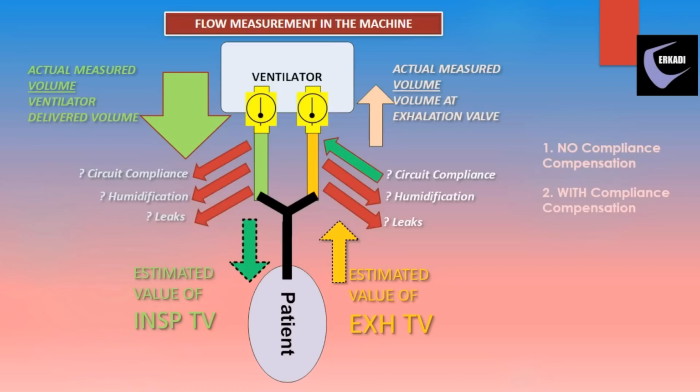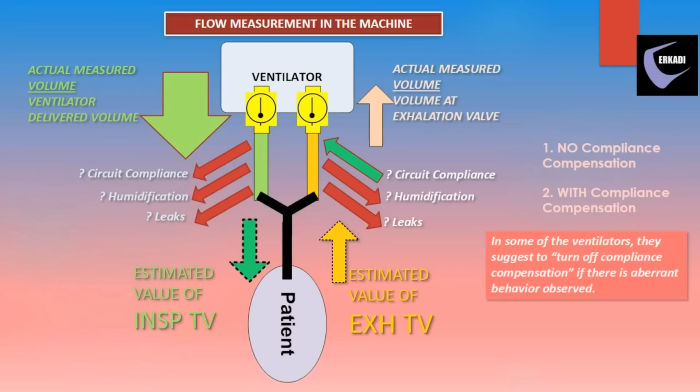Some of these ventilators also recommend that if the readings appear to be aberrant or very unusual, to turn off the compliance compensation correction. It is not always easy to second guess the values shown, and there is no definitive guide to all the situations where the values shown on the ventilator may be erroneous. Instituting lung protective measures based on these volumes and flows too must, as always, be done with careful interpretation.